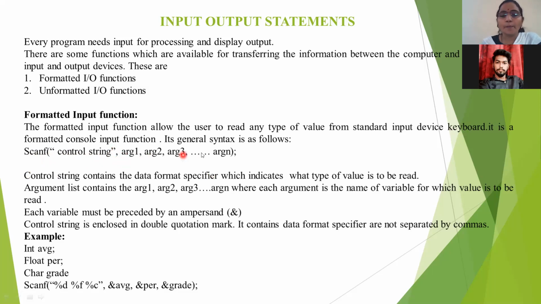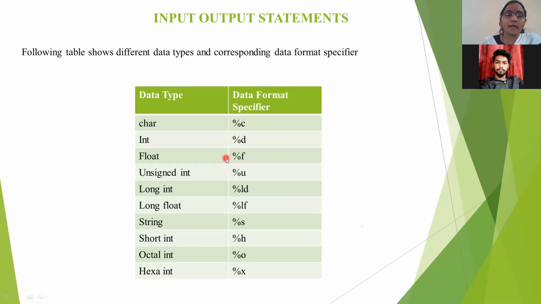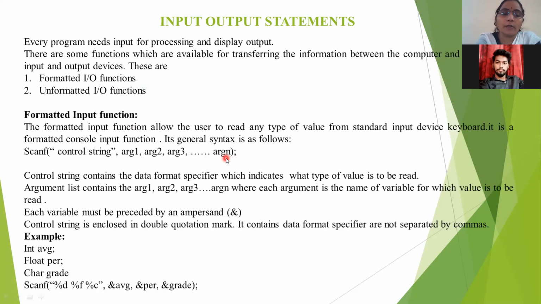After that come the variables required for the program: argument 1, argument 2, argument 3, up to argument n. If there is more than one variable, you should separate all the arguments with commas.